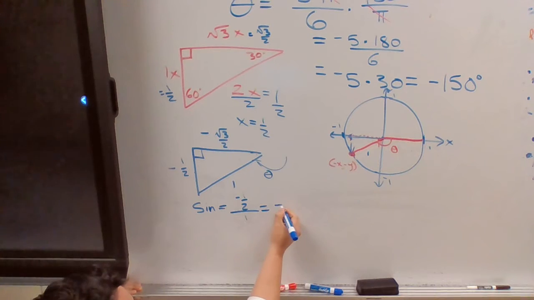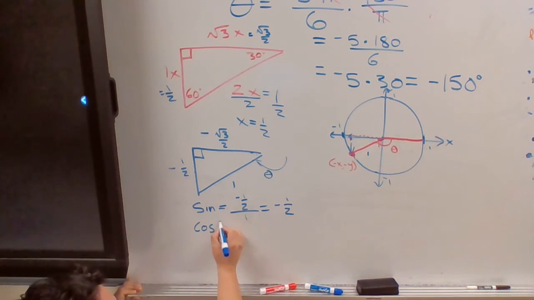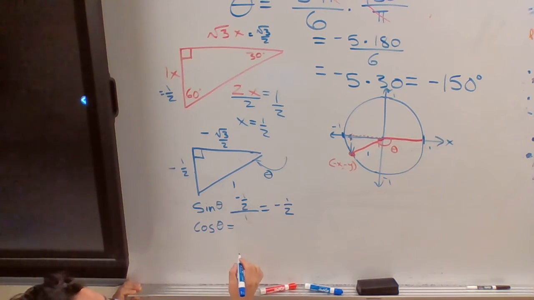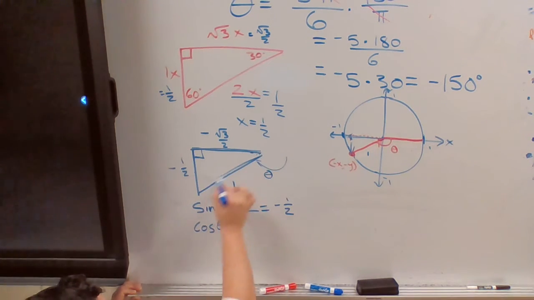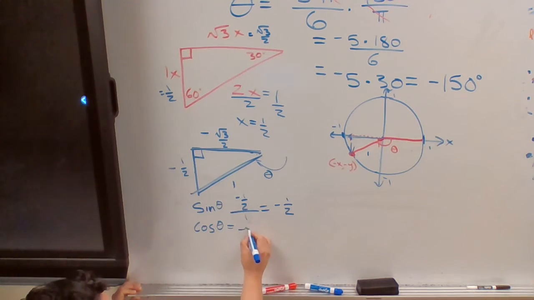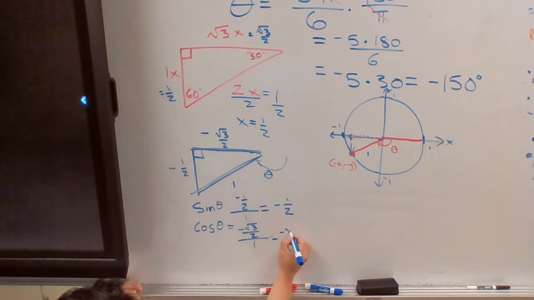Anything divided by 1 is just itself, so it's negative 1/2. Cosine of theta is going to be adjacent over hypotenuse. So negative root 3 over 2 divided by 1, which is just negative root 3 over 2.